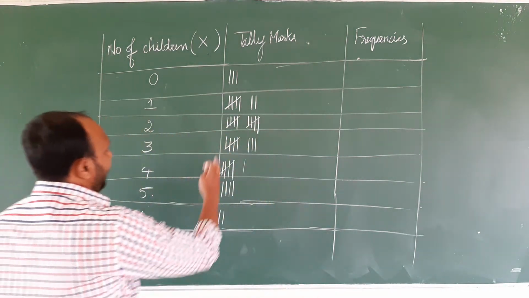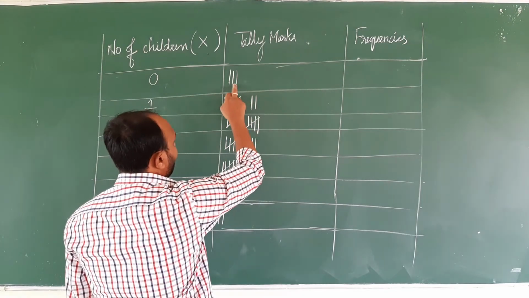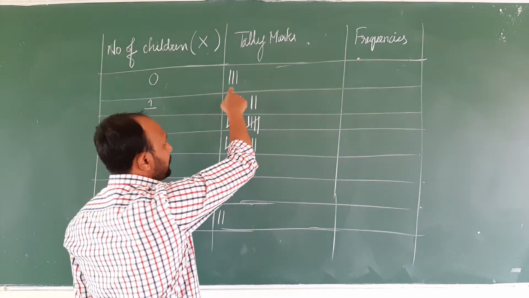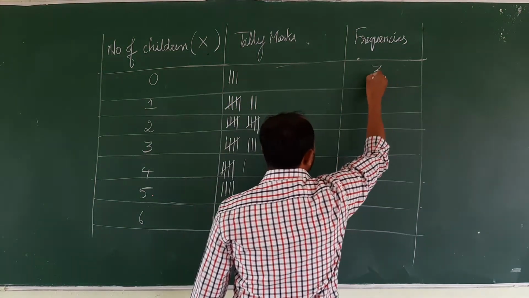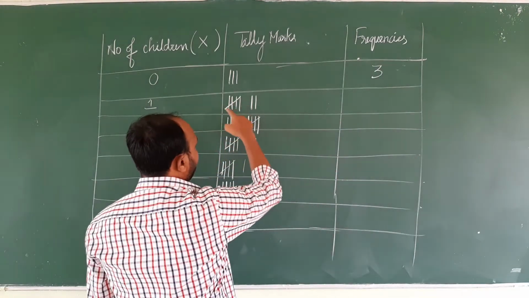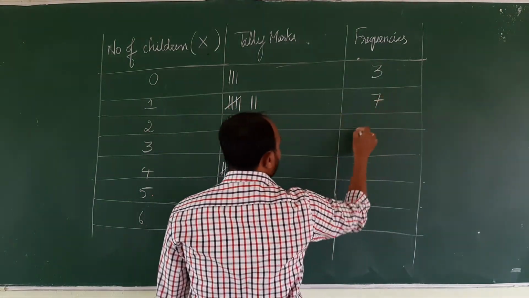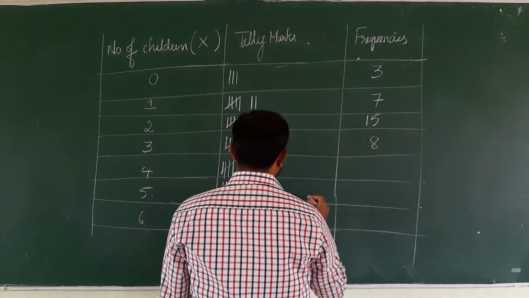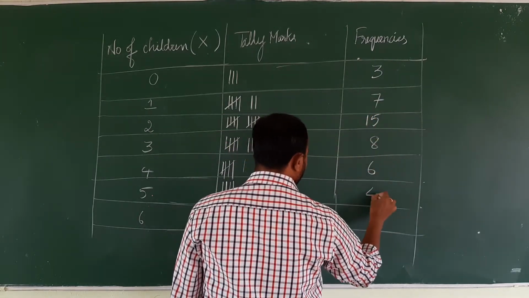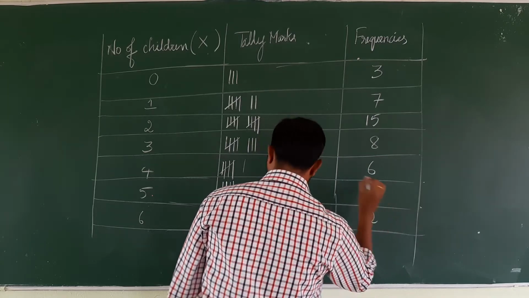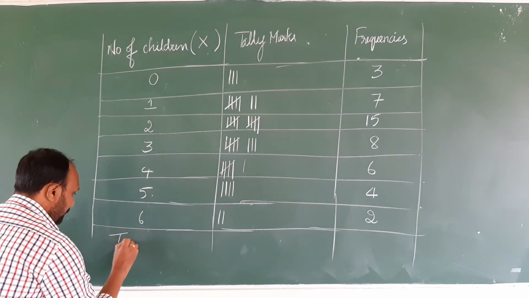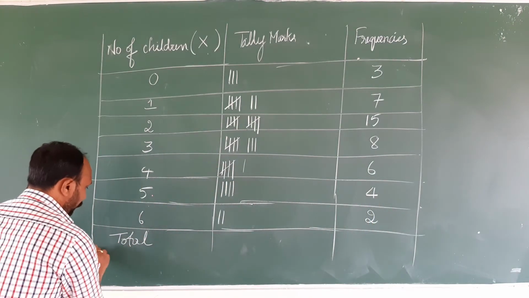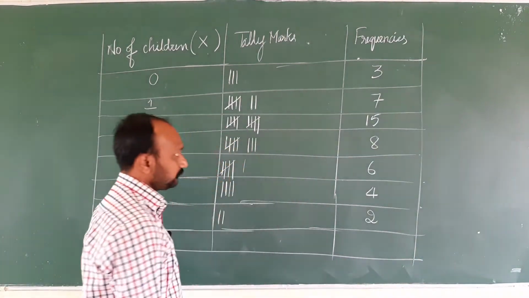Now let us add all these marks. So there are 3 lines here, so the frequency is 3 here, followed by 7, here 10, followed by 15, here 8, here 6, here 4 and here 2. Now at last let us write down the total frequency.